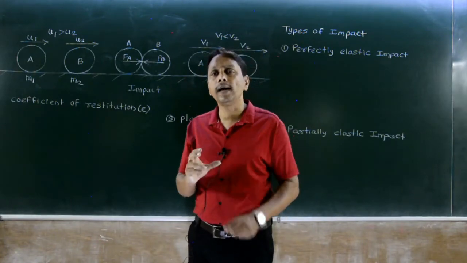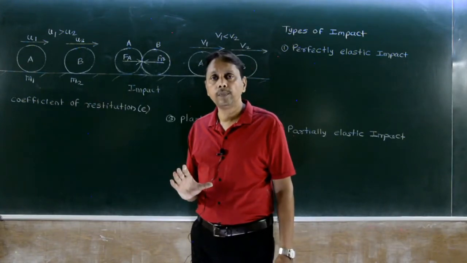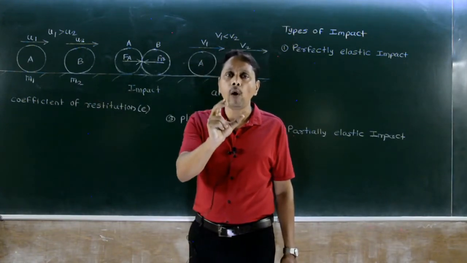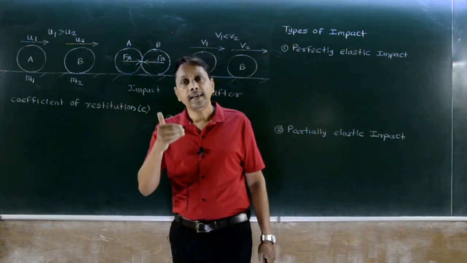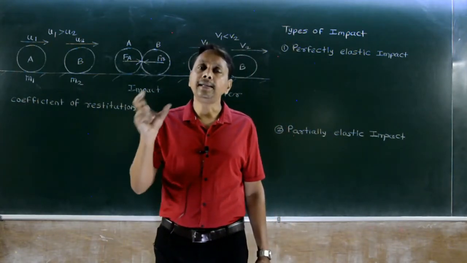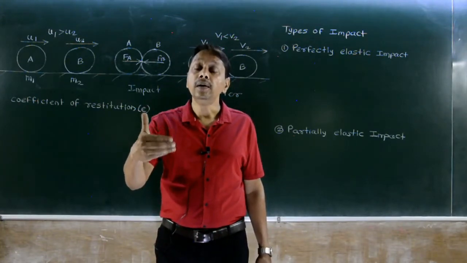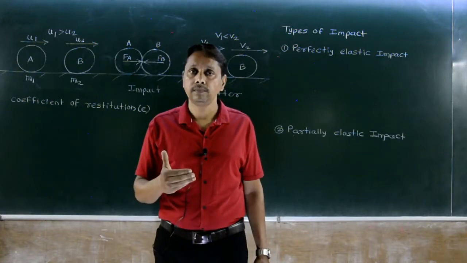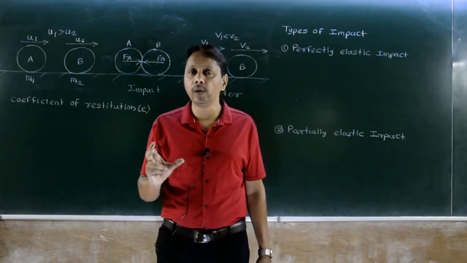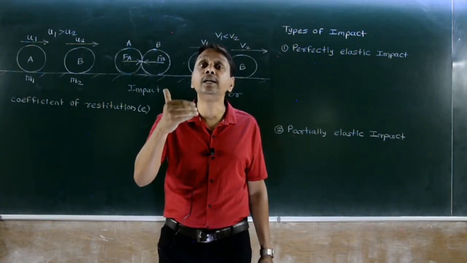Understood? So there are two times: the time of maximum deformation, in which these bodies undergo deformation, and the time of restitution, in which the body recovers from deformation. Clear? Is everyone getting it?